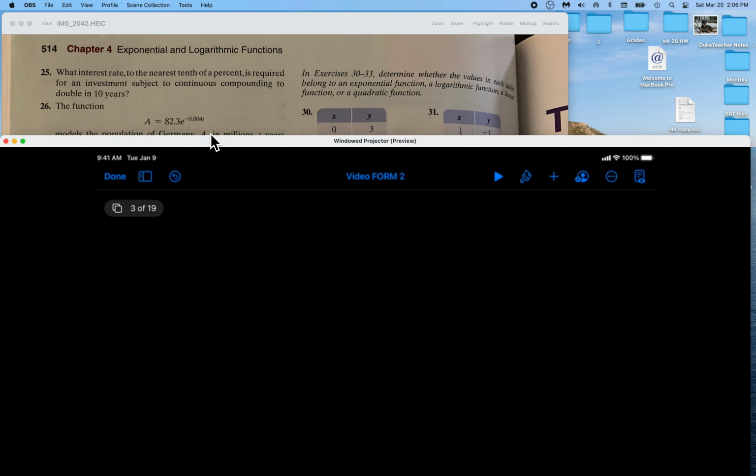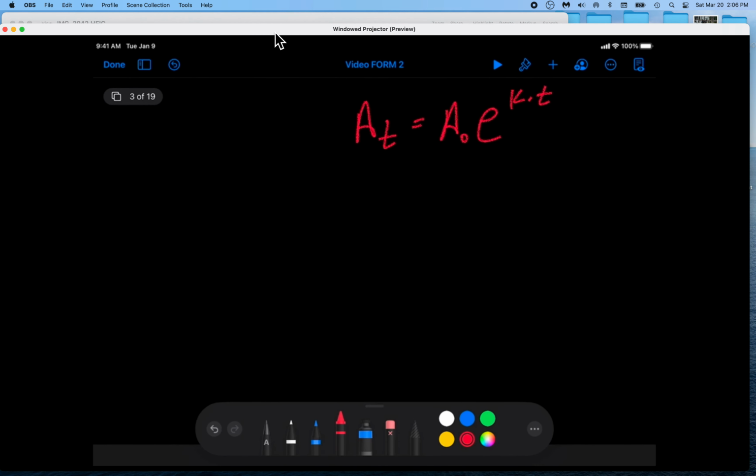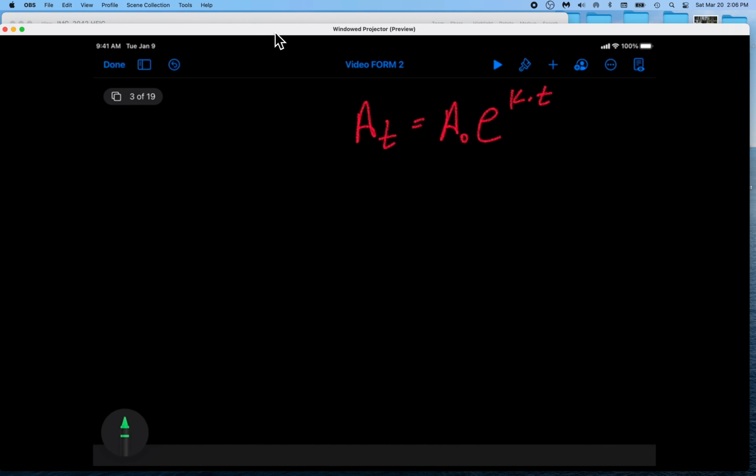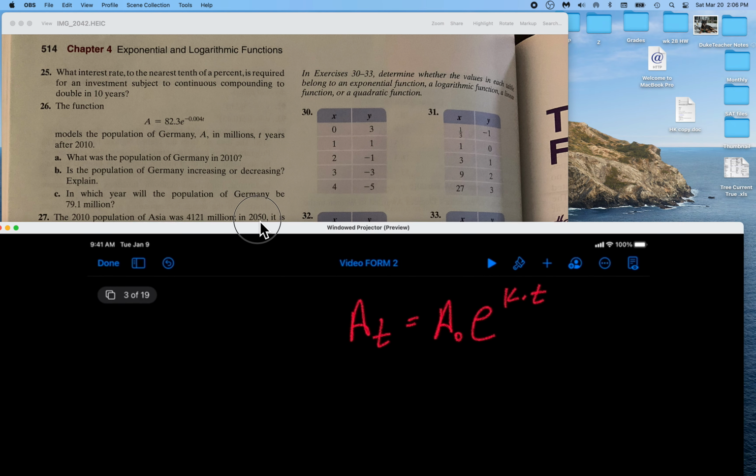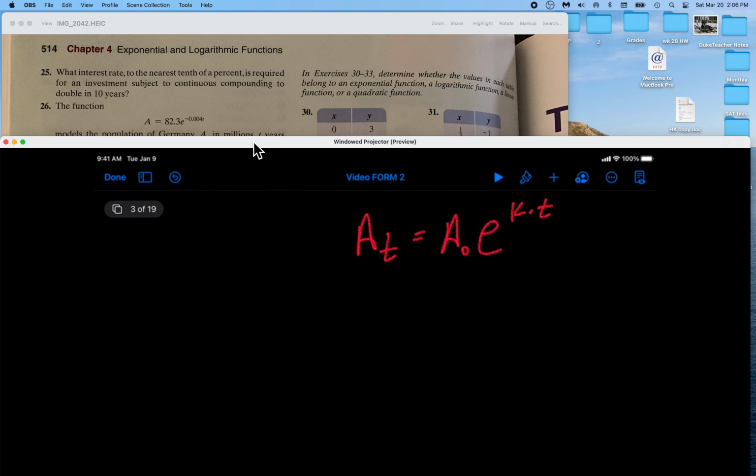The model for these equations is A of t equals A sub 0, which is the initial, e to the k times t. Now, I did a separate video on growth and decay problems, which I welcome you to see, but we will be using this formula probably for the duration of this test.